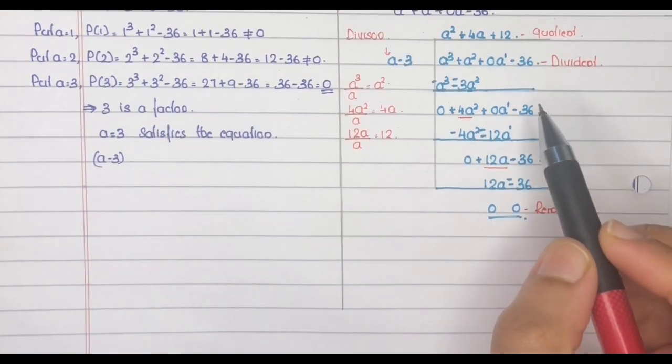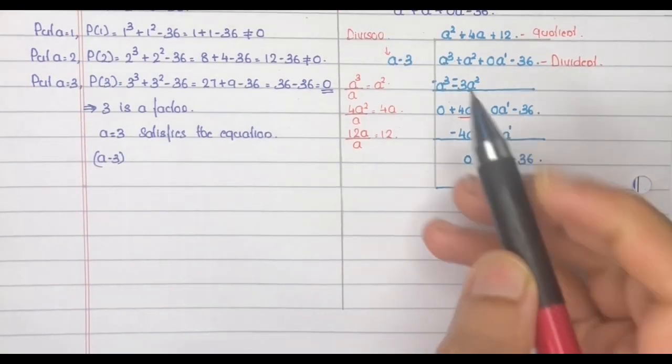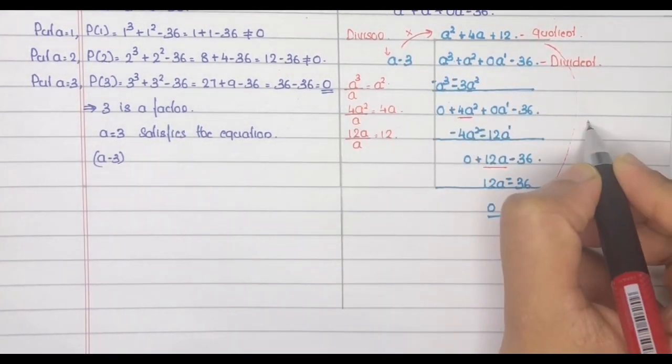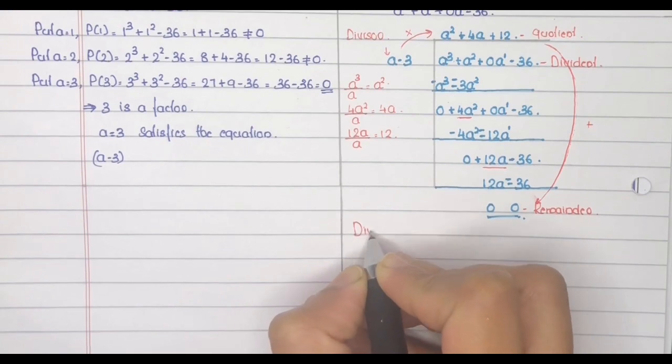We all are familiar with the division algorithm, right? That is, dividend is equal to divisor into quotient plus remainder.